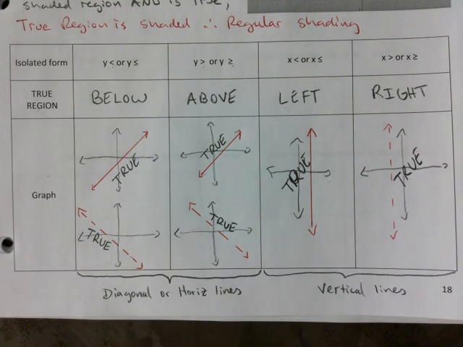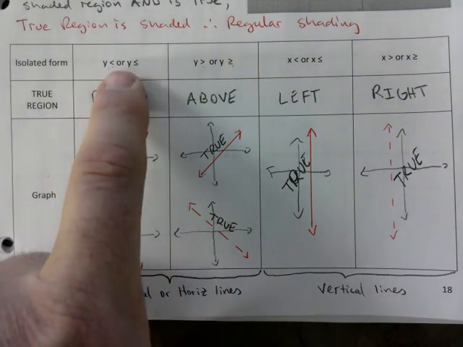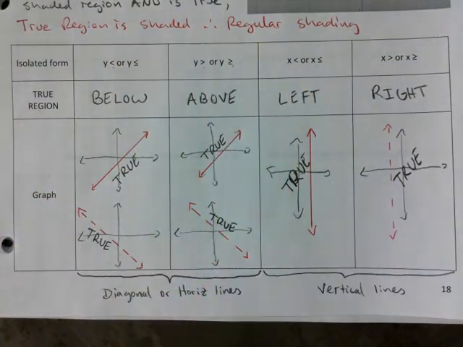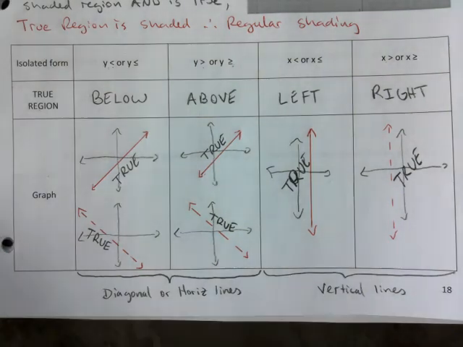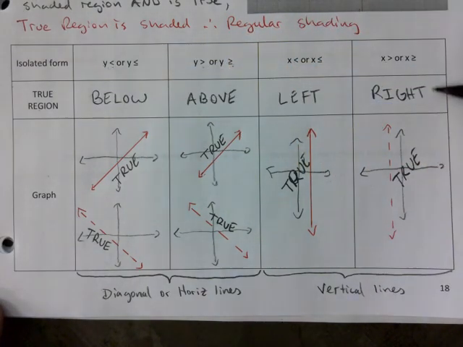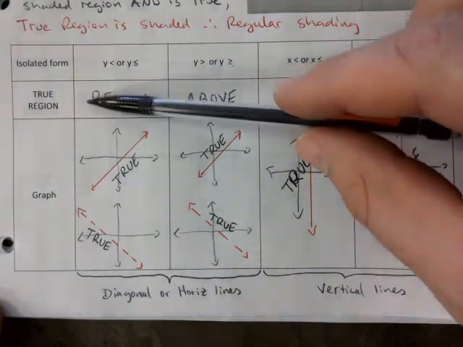So for this to work, you have to isolate. You have to write it and clean it up if you don't want to use test points. And the thing is, you're going to have to rewrite anyways to enter the boundary lines into your calculator. So you might as well just go ahead and do that. So I would say these two rows here are a very good study sheet entry.